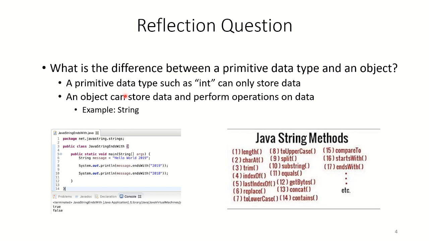On the contrary, an object can store data and it can perform operations on data. In the code snippet, you can see a simple string object and you can also note it can perform a number of functions on the data that it stores. Here we have used the endsWith function. You can see there are other Java string methods also. So we understood what is an object.